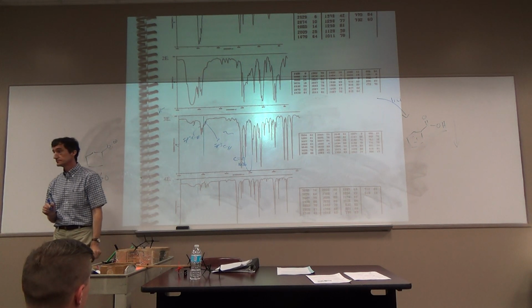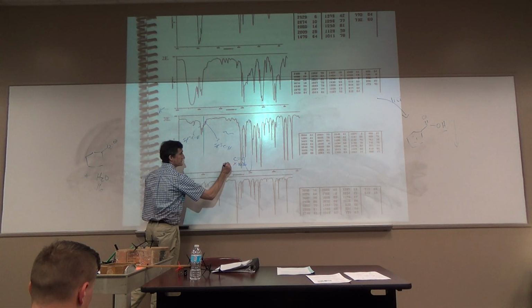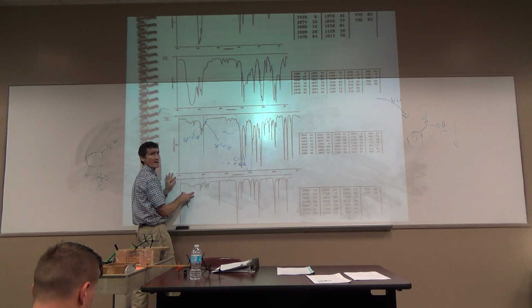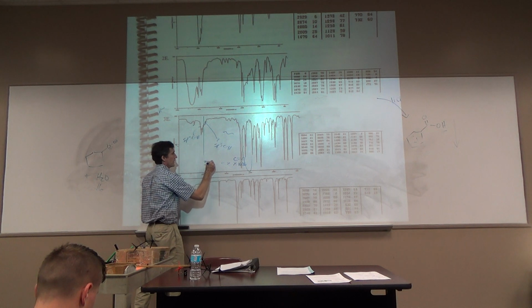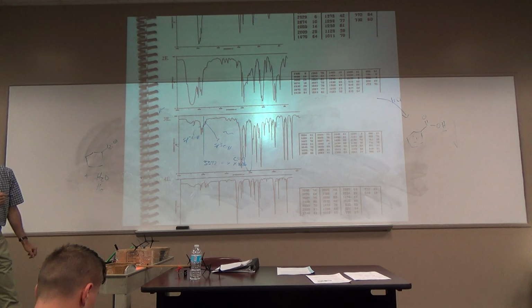It's a little less than double. Double minus a touch. Double would be what? It would be 3400 minus 28. 3372. Is that double? Yes, double.